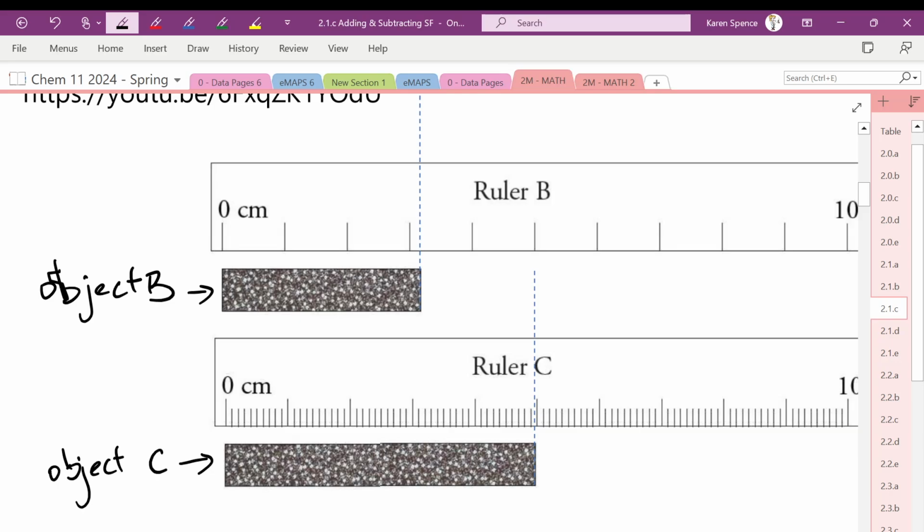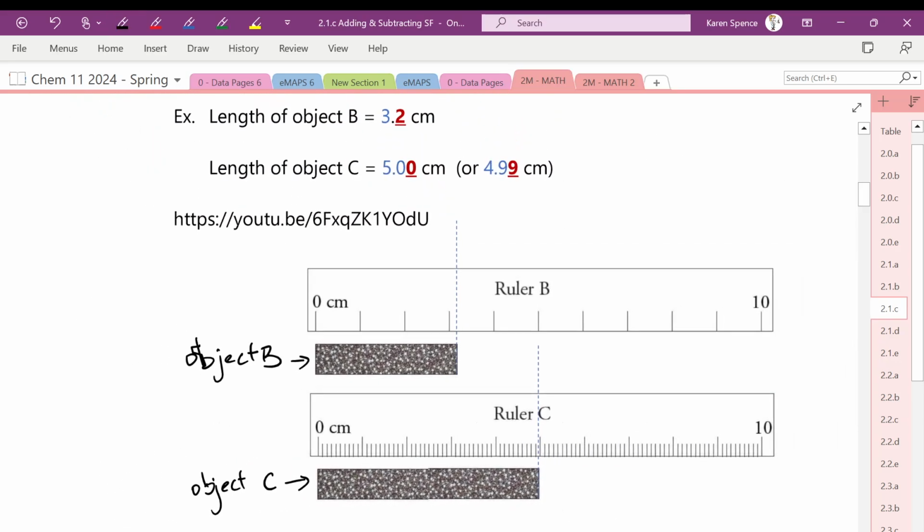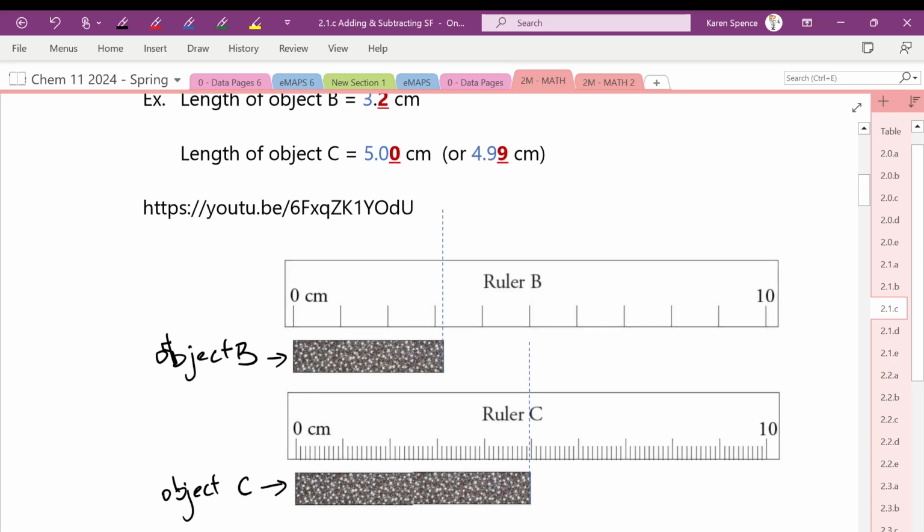We're not going to spend a lot of time going through how to do these measurements because you've already written your test on that, so I'm going to assume you know how to do that. So we have 3.2 centimeters and 5.00 centimeters. Now, what if I wanted to put these two together and say, what is the total length of B and C together?